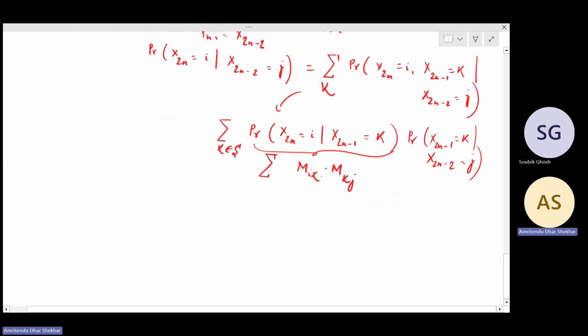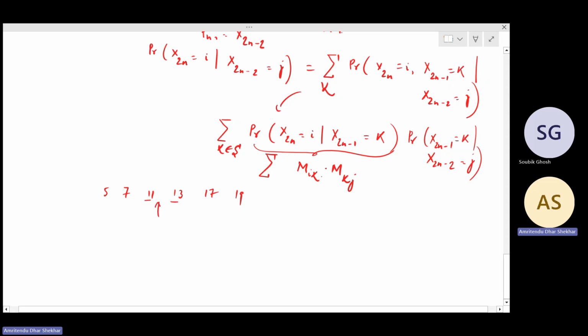Let's take a simple example. Let's say you have 5, 7, 11, 13, 17, 19, and so on. Let's take an example between 11 and 13.